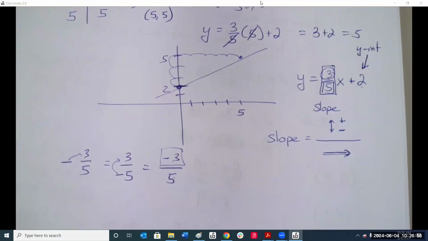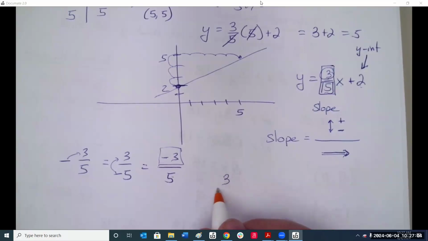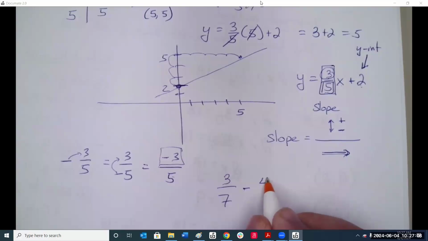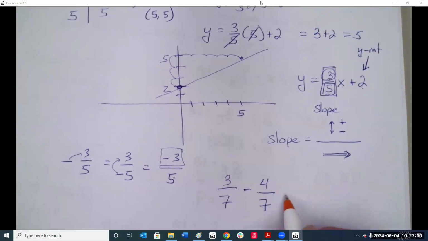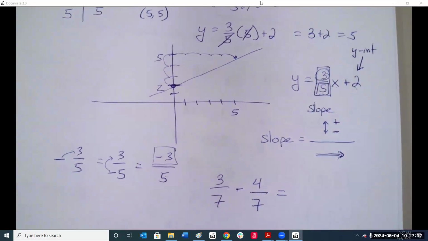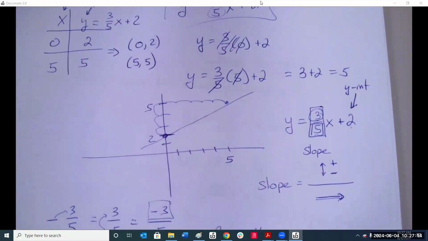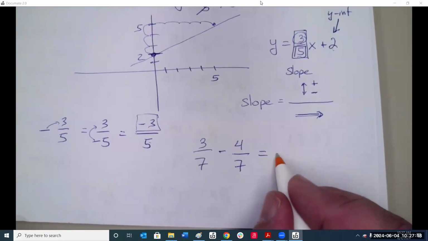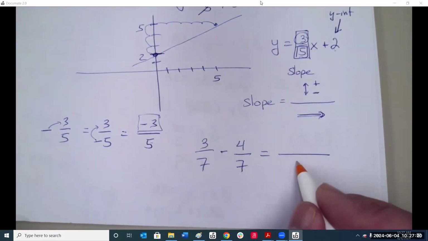All right, so that's another important factor. Why is that? Well, if we're adding and subtracting fractions, you have to have a common denominator.